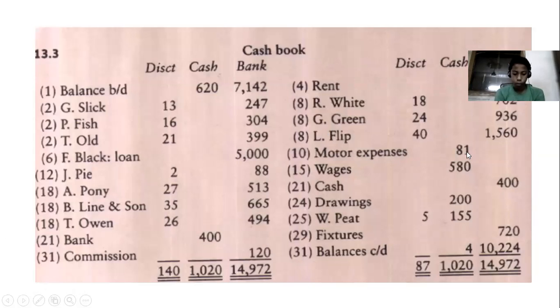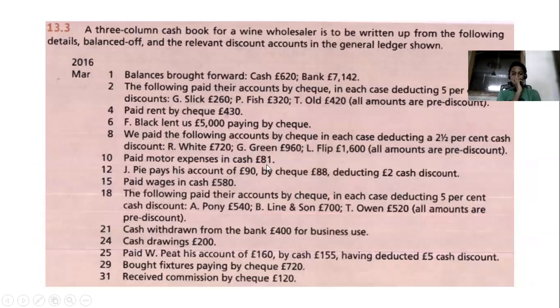My suggestion to avoid making mistakes is to write in the cash column or bank column first, and then write motor expenses. Otherwise, you will be confused about debit or credit. So you simply write 81 in the cash column, because you are paying by cash, and it is motor expenses, so you write motor expenses 81.